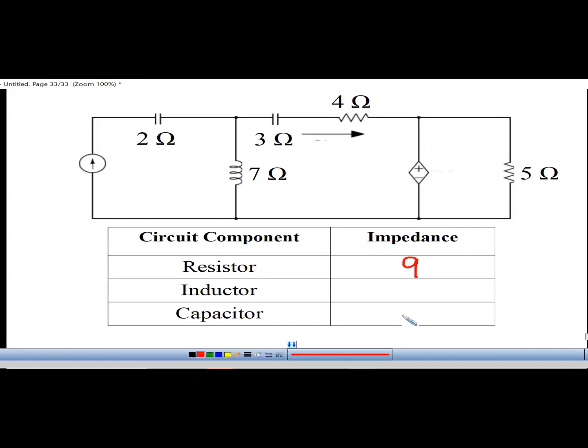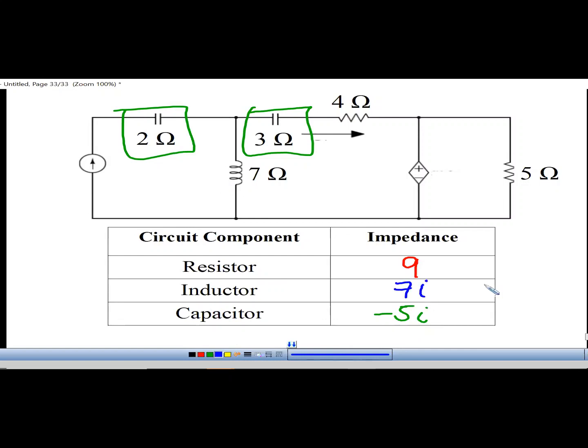So what would I write for my capacitor? Capacitor. What do you think, Esmeralda? Negative 5i, that is correct. 2 plus 3 ohms, that's 5 ohms, and it's a negative 5i. That means that for my inductor, we only have one there, that's 7i.